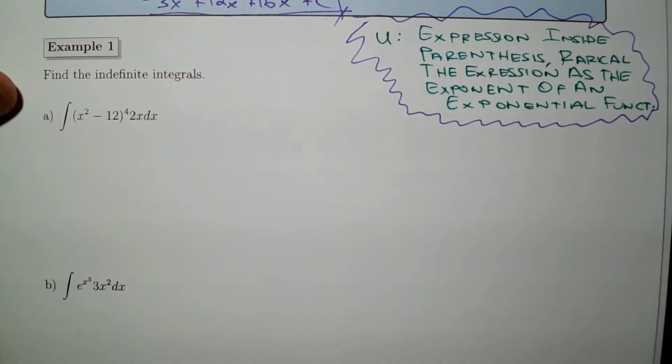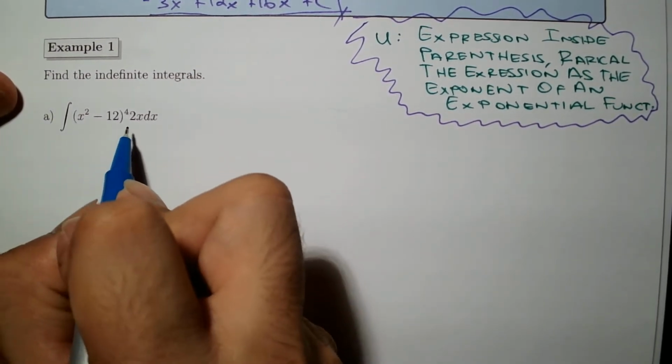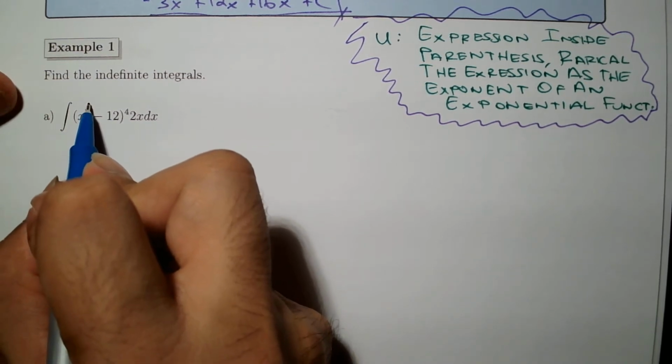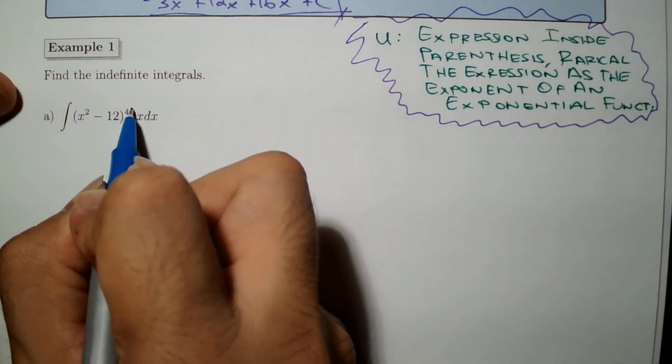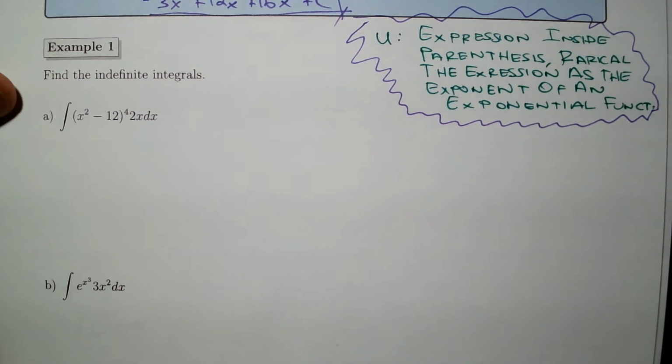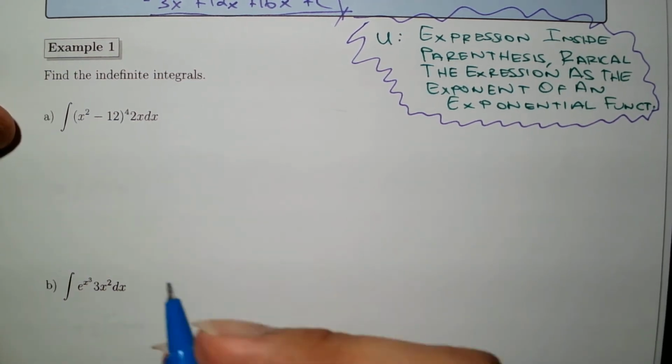All right, so in this case, there's something we need to recognize. Notice the quantity inside of the parentheses is 1 degree higher than the quantity that is outside of the parentheses.